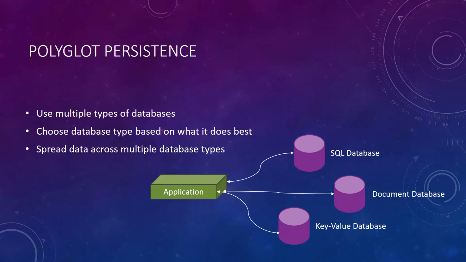If we go back to the definition, what we notice is that we use different types of databases for our applications, and we choose these databases based on what they do best, a use case scenario. Then we spread our data across multiple database types.